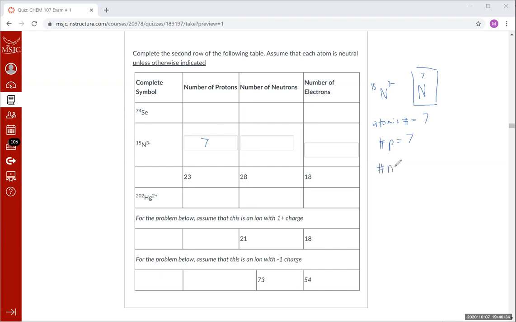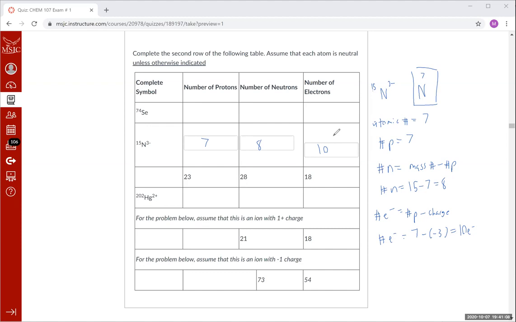For our neutrons, we take the mass number minus the number of protons, 15 minus 7, which would be 8. Then for our number of electrons, we take the number of protons minus the charge, 7 minus -3, which gives us 10 electrons.